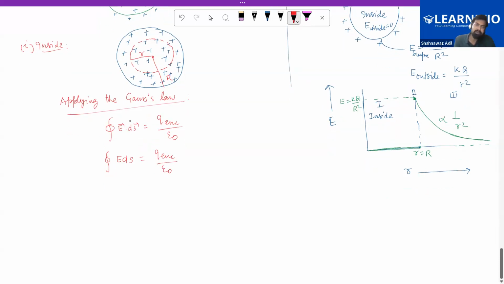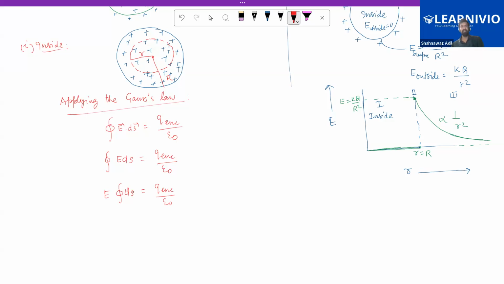Now the electric field is uniform, so I can take it outside. So this is only the total surface area. What would be the total surface area enclosed of this sphere?